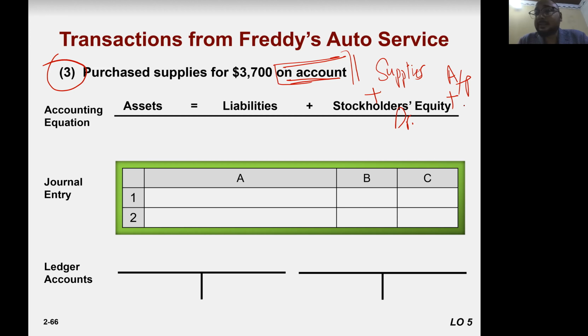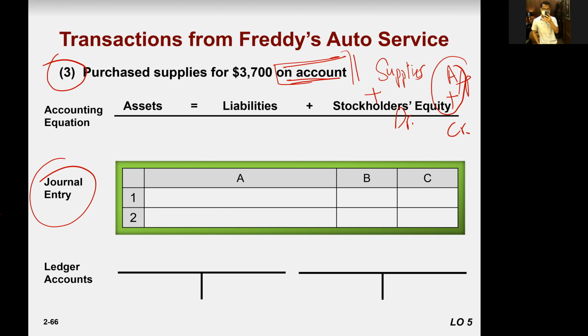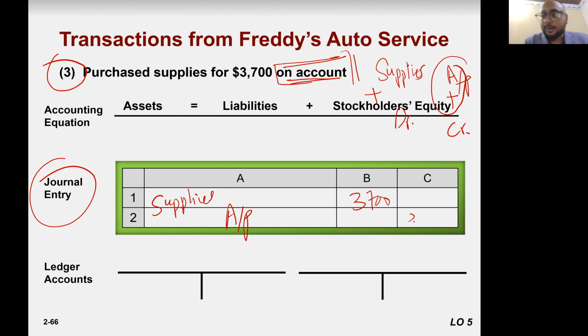Accounts payable, this is our liability. Payable, that's credit. How do we write it down? Can you pronounce the accounting journal entry? Supplies to accounts payable. Well done. How much? 3,700.